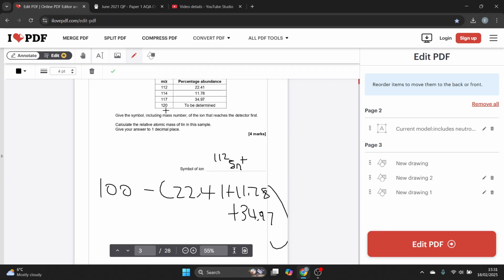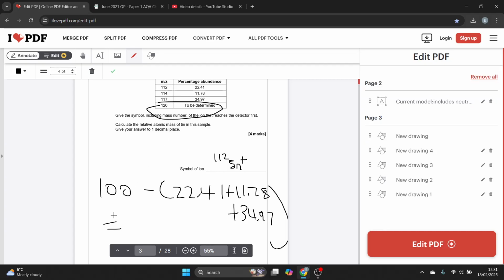That will give me the percentage abundance of the 120, and then I can quite easily work out the relative atomic mass. So 100 minus 22.41 plus 11.78 plus 34.97. Yep, and I get 30.84.